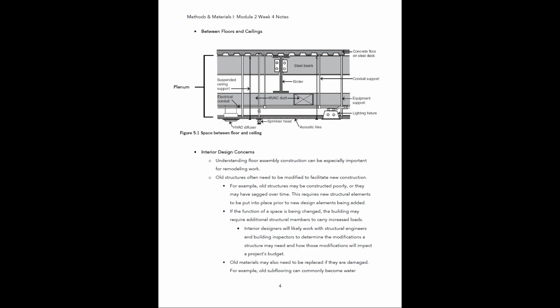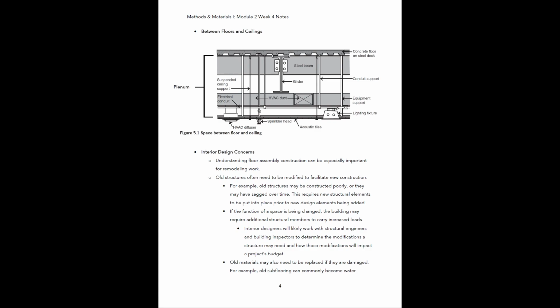Maybe the new things that you're putting in are really heavy. Again, going back to our gym example, maybe you are taking an existing building, maybe it was like a coffee shop or something like that, okay? And you're converting it into a gym. Well, you're going to have to assess that structure because it wasn't originally designed for that purpose.